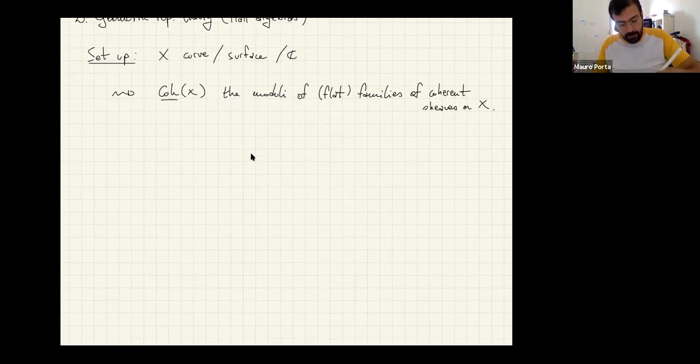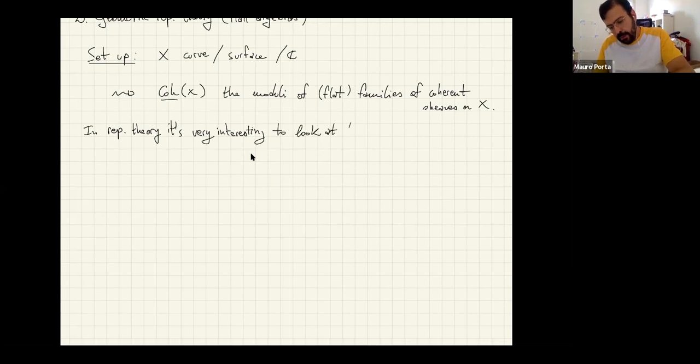Okay, and in representation theory, it's very interesting to look at the homology of Coh(X).